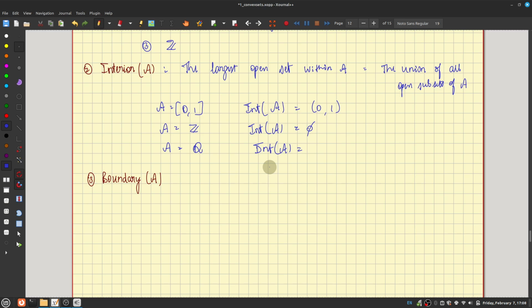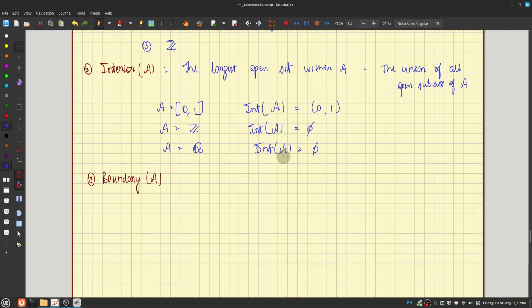Is every point within the ball guaranteed to be rational? No. That's the definition of an open subset: you should be able to fit an entire open ball around this particular point. So this interior is also empty. Q is countable, and in fact if a set is countable, its interior will be empty.